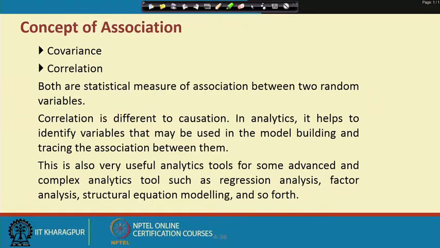For instance, one of the requirements of regression modeling is the classification of dependent variable and independent variable, and that too, when there is a cluster of independent variables, there should not be any further relationship among them. That is the requirement of regression modeling, but in reality the things are different.